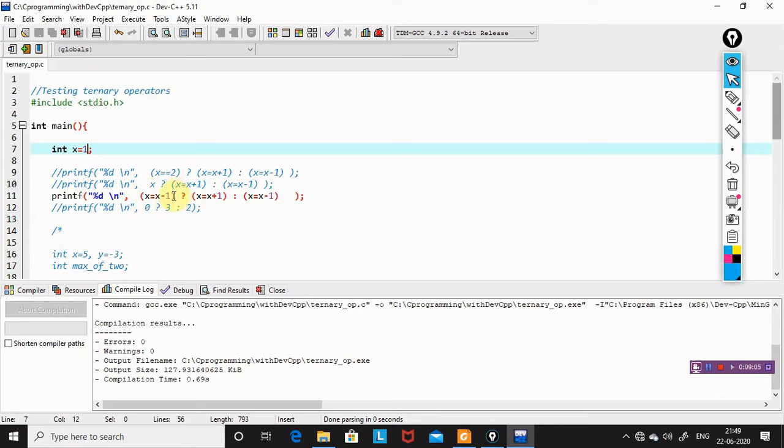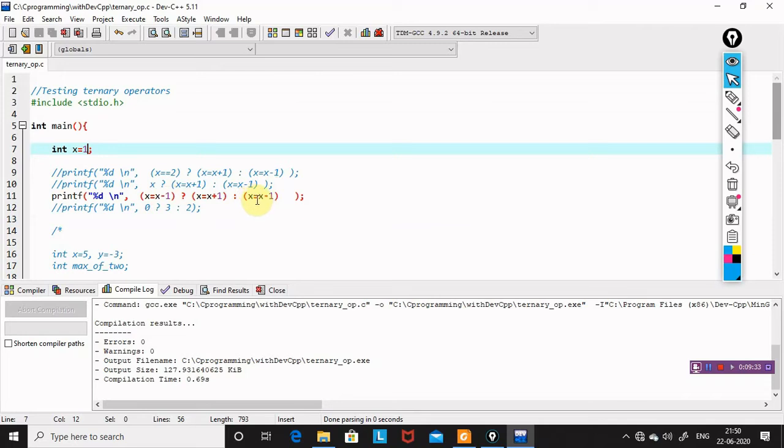So if it is false, which expression would be evaluated? This or this? The answer is this, the expression following the colon. So the value of x, which was initially 1, is first decremented, becomes 0, the condition becomes false, then this is evaluated. Now the value of x is 0, it is decremented by 1 again, and the new value of x is minus 1.